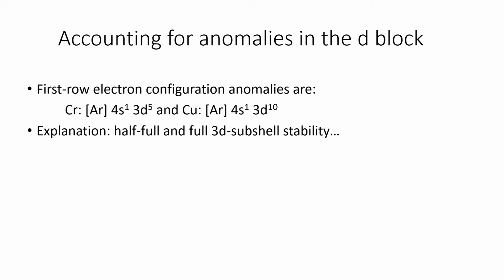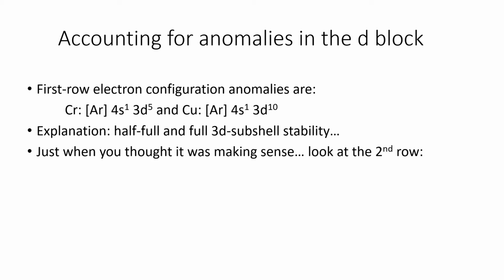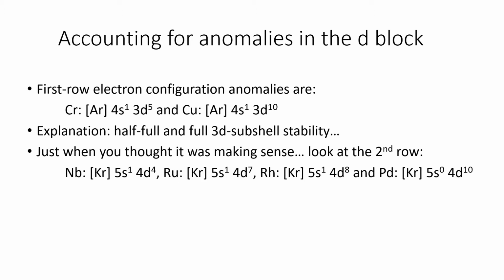Just when we thought everything was beginning to make sense, we look at the second row and get a bit of a nasty shock, because the configurations neither match the basic rules we were following, nor the exceptions we came across in the first row. It's beginning to look a bit random. Niobium has no logical argument for why it should be 5s1 4d4.